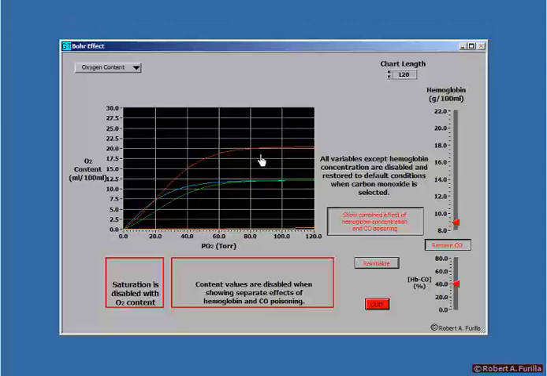When I bring down hemoglobin, the shape of the curve remains. We still get this sigmoidal shape. However, in the sample in which I just raised carbon monoxide concentration, we now see the shape has changed. Carbon monoxide binding to the hemoglobin tends to alter its properties so that it looks more J-shaped than S-shaped.